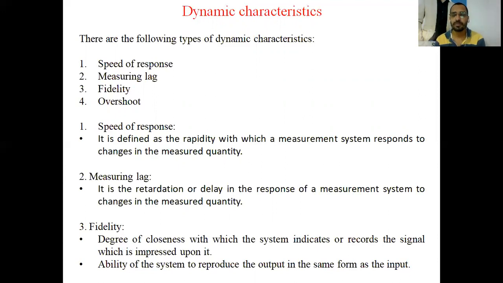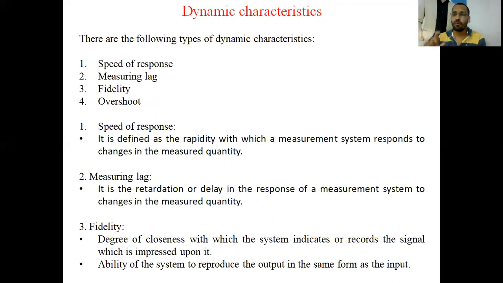Speed of response means the time taken by the measuring instrument to give the result. It is defined as the rapidity with which a measuring system responds to change in the measured quantity. Let us suppose there is 1 kg on a spring balance and you add 1 kg more, so it becomes 2 kg.